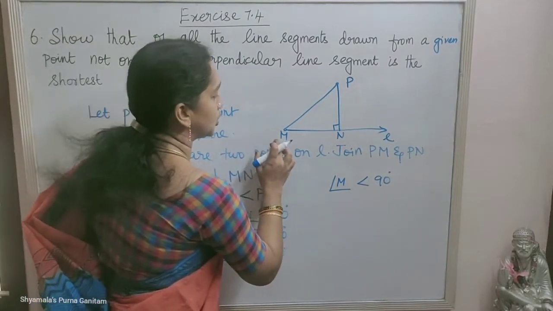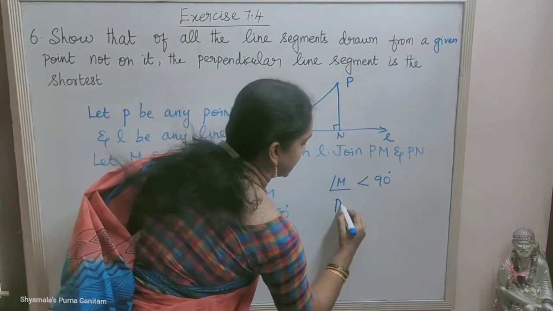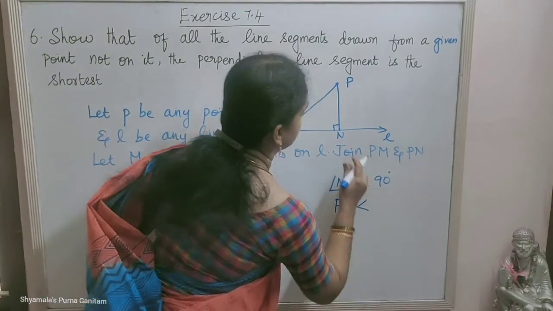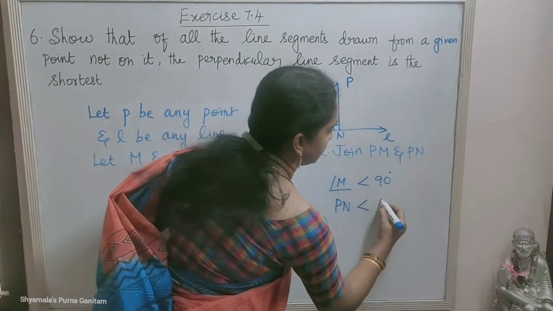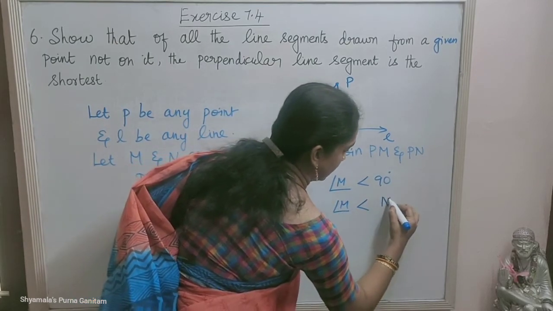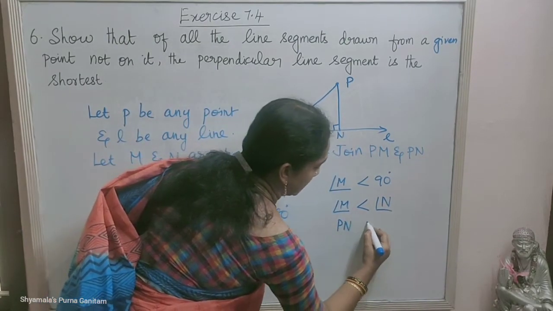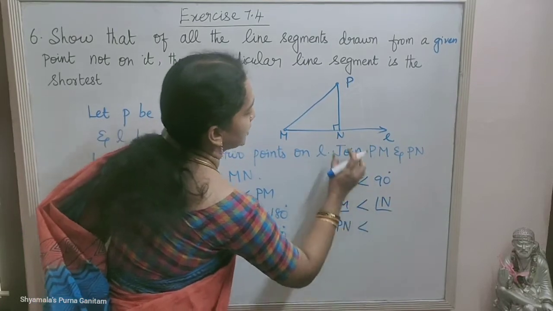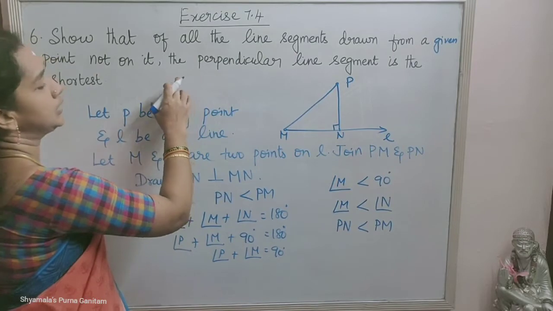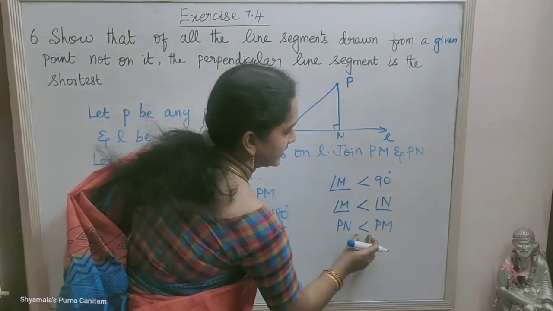Opposite to angle M, we have line segment PN. Angle M is less than 90 degrees, which is angle N. So the next statement we write is angle M less than angle N. So the side opposite to angle M is PN, which is less than PM, opposite to N. So what we were asked to prove is the shortest distance: PN less than PM.